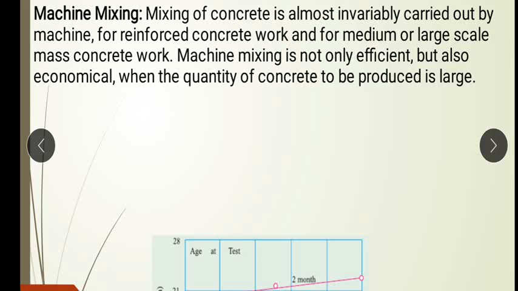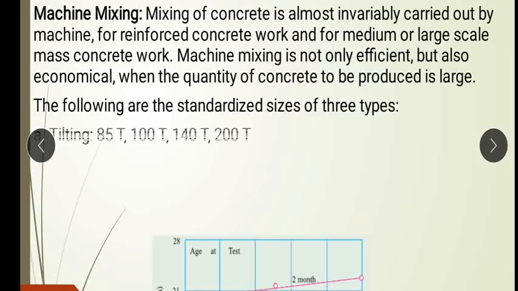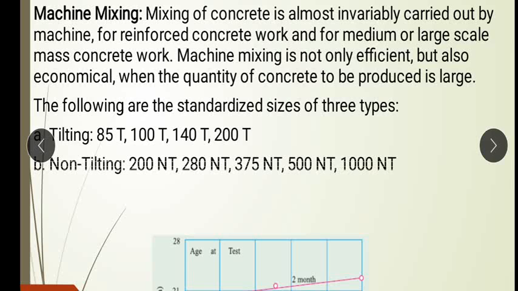Using machinery we can mix concrete materials in a better way, either using a mixer type of machine or using ready mix plant machinery. There are a few sizes and types of machine mixers. The tilting type, which is tilted, can mix 85, 100, 140 or 200 ton.